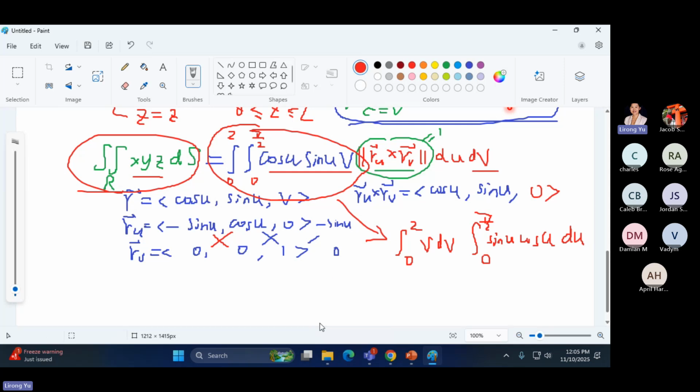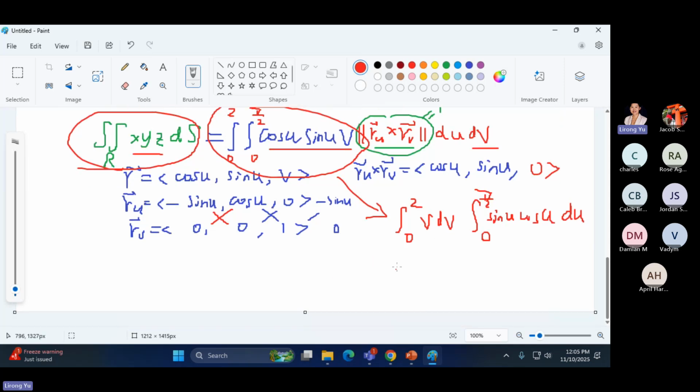And then the antiderivative of v dv is v squared over 2, evaluated at 0 and 2. Evaluate at 2 is 2. So this part is equal to 2.